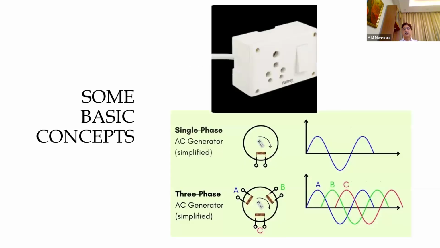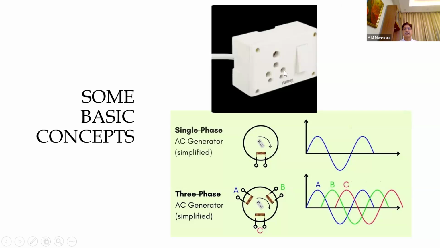Next are some basic concepts. All of us have read electrical in our 12th class and graduation. You can see a power point here. In a power point, one hole is for line and the other one is for neutral.